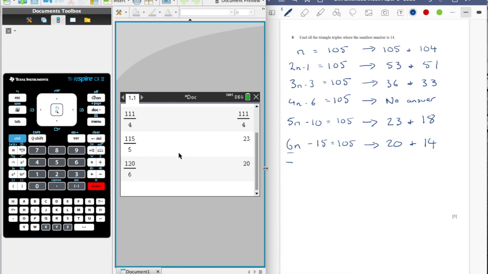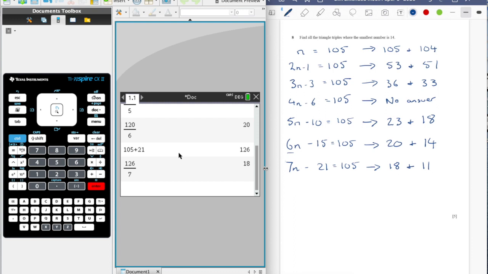Next one, 7n minus 21, can that equal 105? Can I get some solutions for that? 105 plus 21, 126. If I divide that by 7, I can get 18. Nice. So we get 18 and 7 less than 18, which is 11.